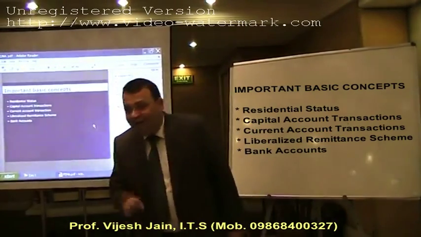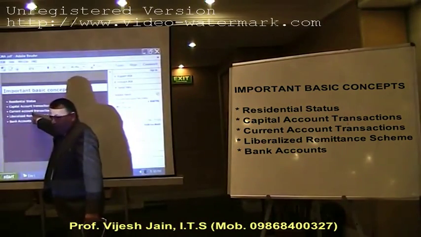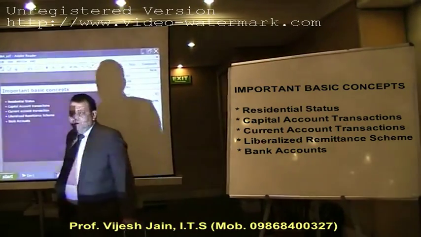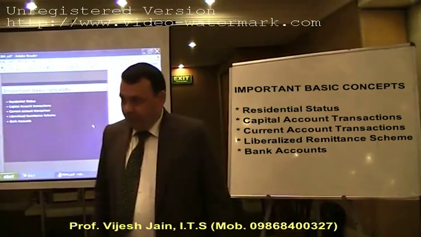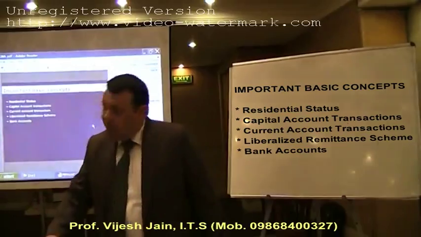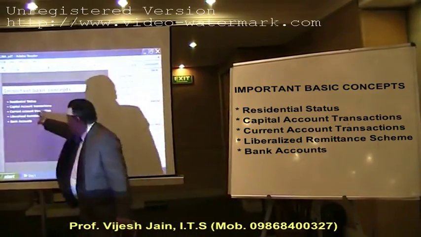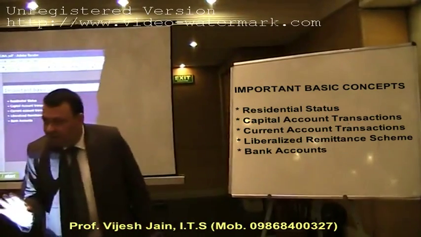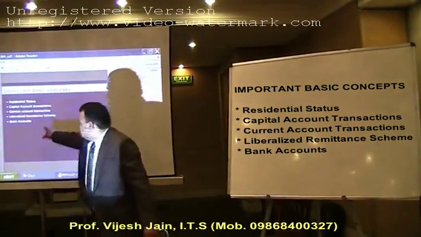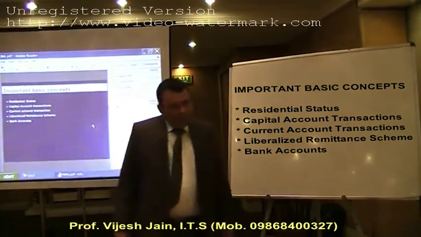Now, foreign trade comes under current account, but suppose you are buying property outside India. You want to take money for buying property. Then that comes under capital account. So for foreign trade in FEMA, if you want to see anything in FEMA, go to the current account section.